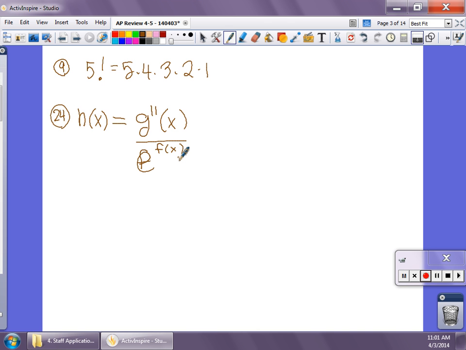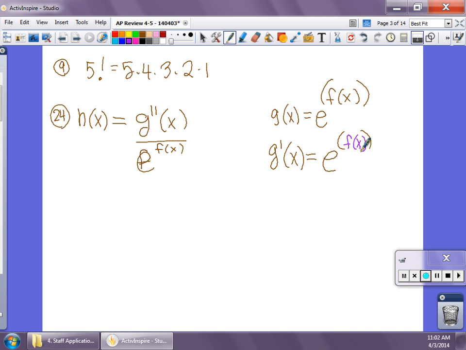Find g double prime. They gave you g of x, so find g double prime. I'm going to find g prime just to make sure you don't do it incorrectly. Chain rule, that's your inside. E to the, that's the derivative of the outside. Leave the inside exactly the same as it was.